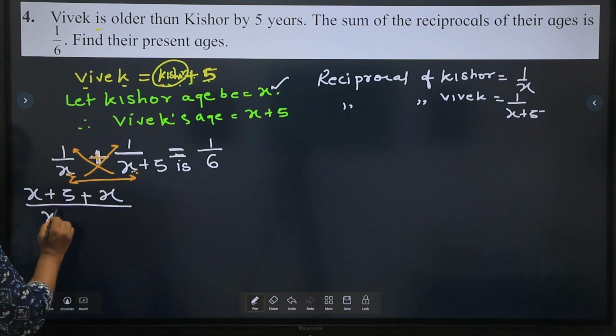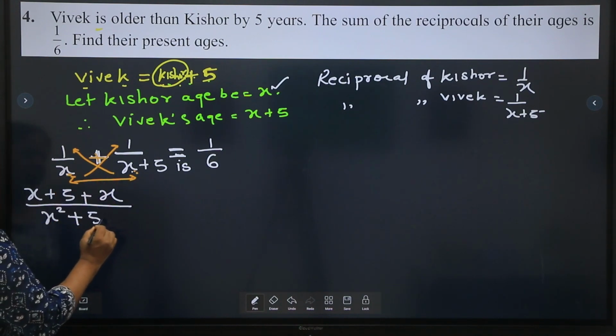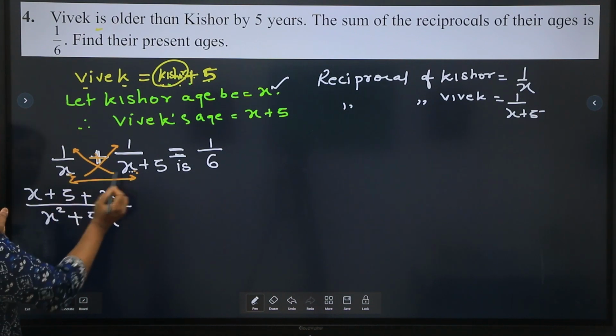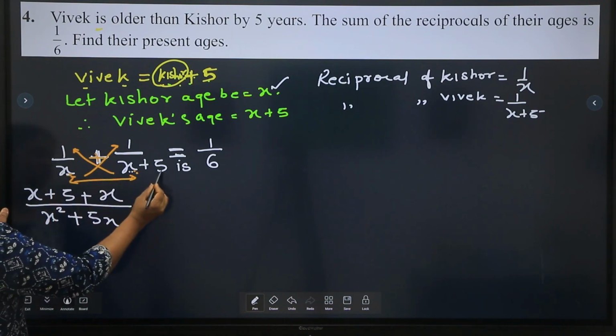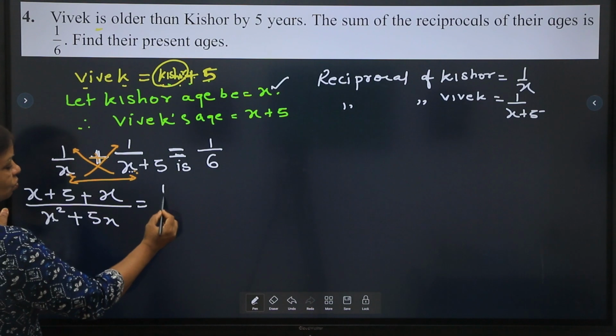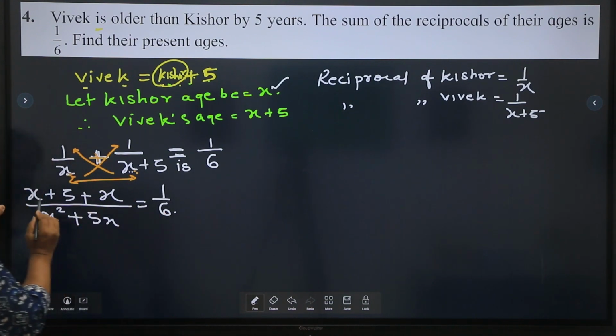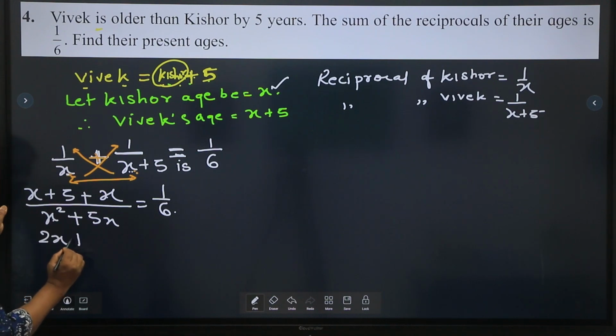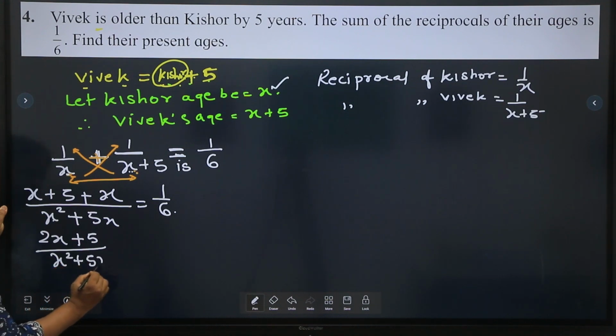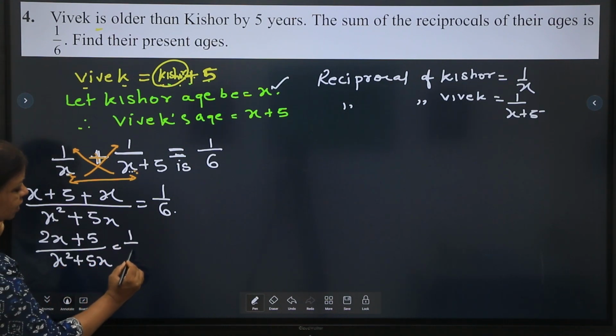X square plus 5x, because x will get multiplied with x is x square, x will get multiplied with 5 is 5x, is equal to 1 upon 6. Now see, x and x will be added, so it is 2x plus 5 upon x square plus 5x is equal to 1 upon 6.